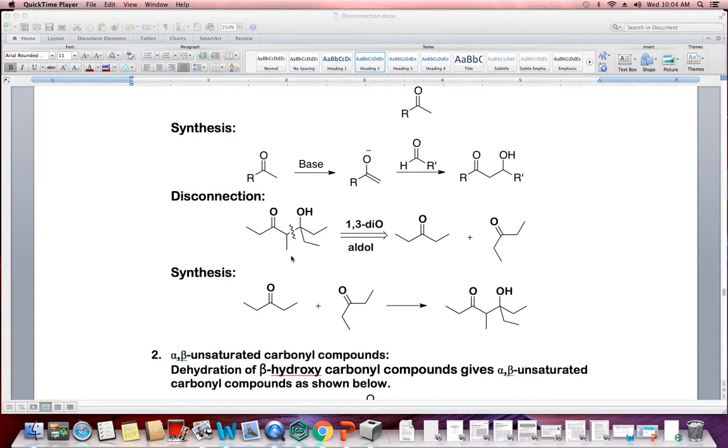That will be the part of the enolate ion, and this portion will be the part of the carbonyl compound. So we can write this enolate ion and its reagent as two similar ketones. When we do the reaction in the presence of base, we get our required target molecule. So there is no complication in this case.